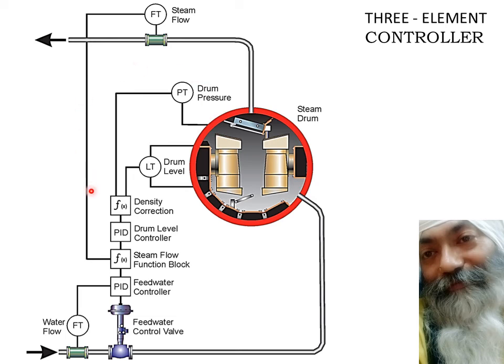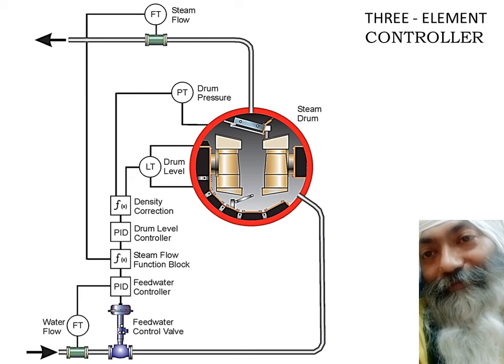So this third element is going to take care of the swelling part, and inversely it's going to take care of the shrinking part also. So this three element control will take care of the swelling part as well as the shrinking part. Therefore, it is not only going to identify the cause of inverse response, but will also be able to tackle it well.